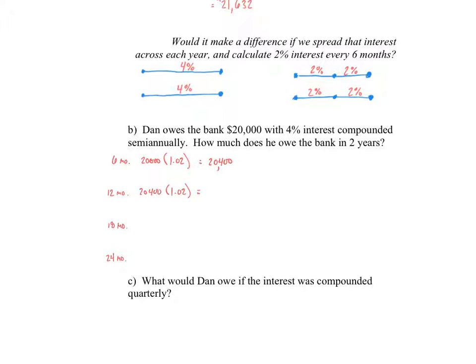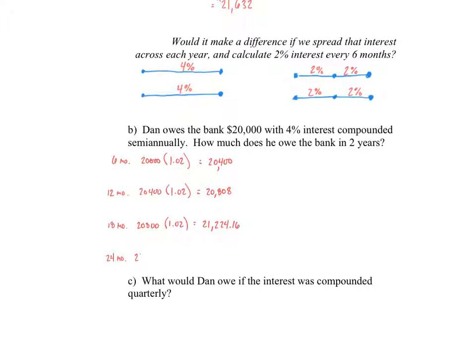So we put that in the calculator, and we get $20,808. So at the end of the first year, he owes $20,808. So we throw that money into the third set of 6 months, and after 18 months, now he owes $21,224.16.